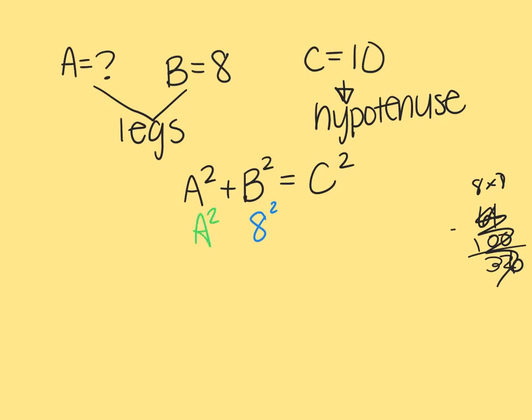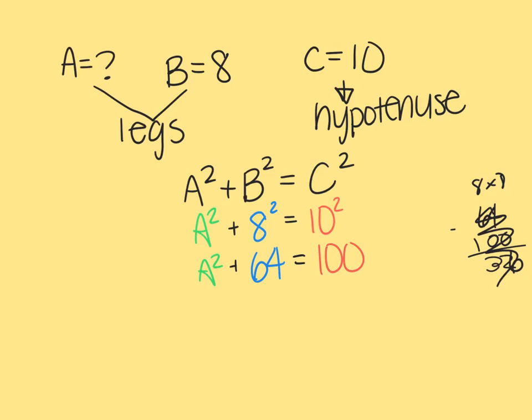We have A squared plus B squared equals C squared, our hypotenuse. Again, we're leaving A squared alone. We know that 8 times 8, if we're taking that square, is 64. And we know that 10 times 10, since we're taking that square, is 100.